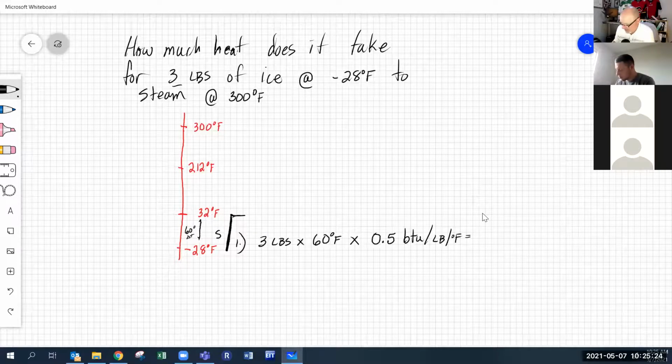I'll just do some math here. So it takes 90 BTUs to raise the temperature of that ice to the melting point.